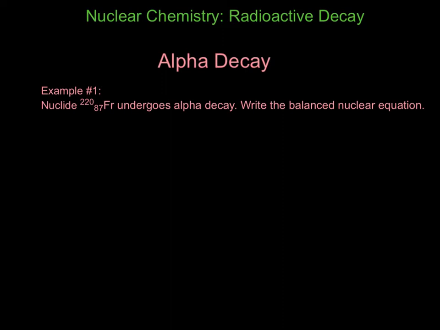Well, we first of all have our francium-220, with atomic number 87, and this is a particular isotope of francium, and it's undergoing alpha decay. So it's going to emit an alpha particle, which we stated was simply 2 protons and 2 neutrons, or the nucleus of a helium atom.